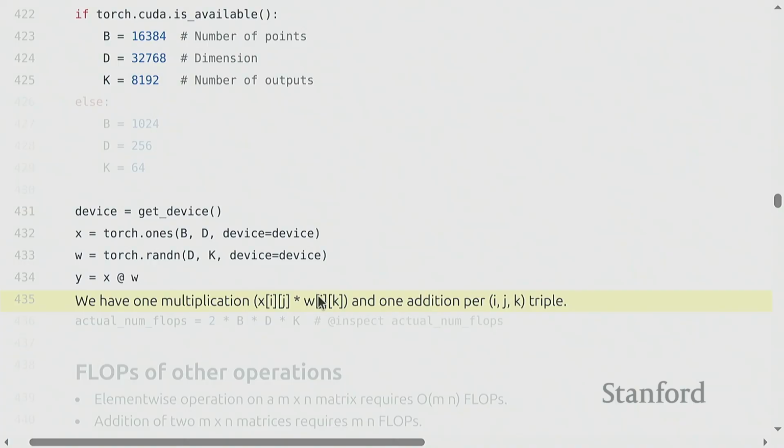So the answer is 2 times basically the product of all the dimensions involved: the left dimension, the middle dimension, and the right dimension. This is something that you should just remember. If you're doing a matrix multiplication, the number of flops is 2 times the product of the 3 dimensions.